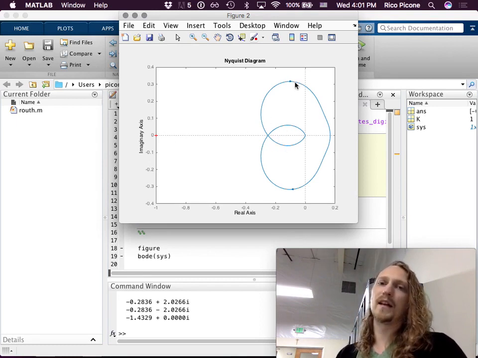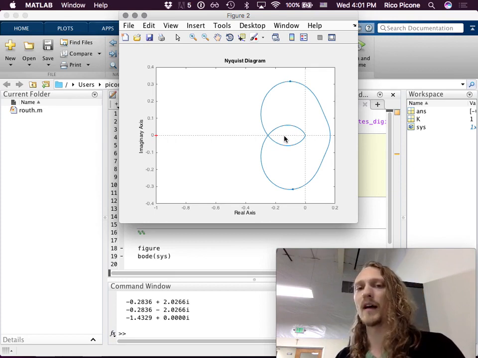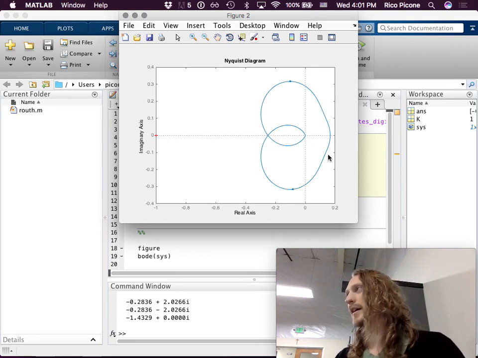So notice that this is directed this way, right? If we were to scale this up, we're going to eventually get -1 inside this loop, which is going to have two clockwise encirclements of -1, and therefore will make the system unstable.